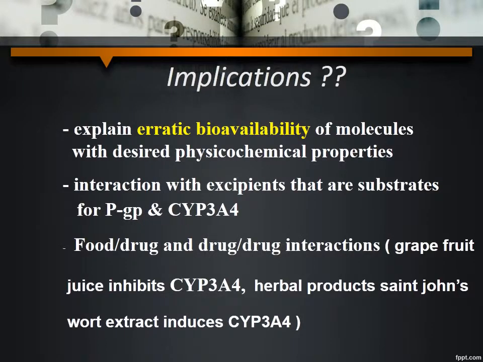The implication of PGP and CYP3A4 explains the erratic bioavailability of molecules, even though they have been formulated with desired physicochemical properties. For example, you may have optimized the physicochemical properties of a drug, but after giving it to 5 different patients you still see differences in bioavailability, possibly because of different quantities of PGP and CYP3A4 present in the bodies of different patients.